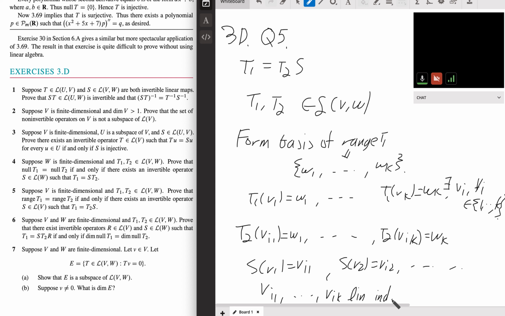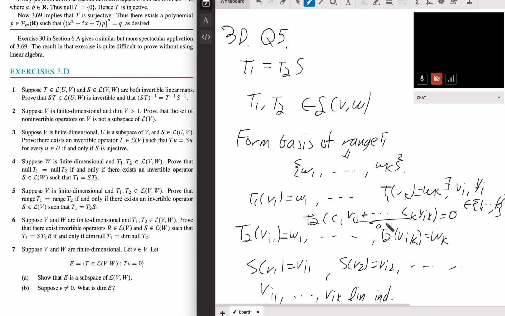Because if they're not linearly independent, then you perform a T2 transformation on the linear combination, and what you end up with is a non-trivial linear combination of the W's equal to 0, which shows that the W's are not linearly independent. That's impossible because the W's in fact form a basis of range T1. So that means the Vi's are all linearly independent in the first place, right?